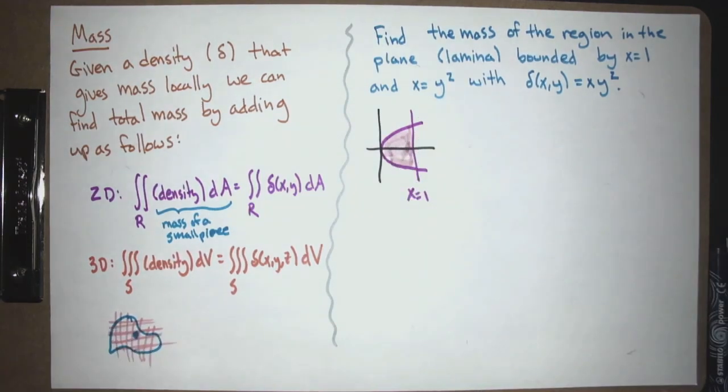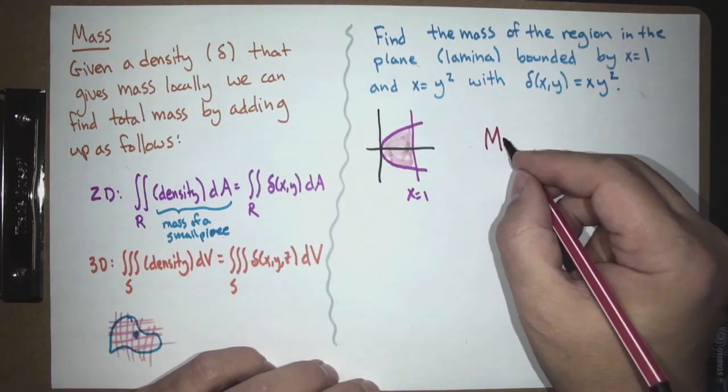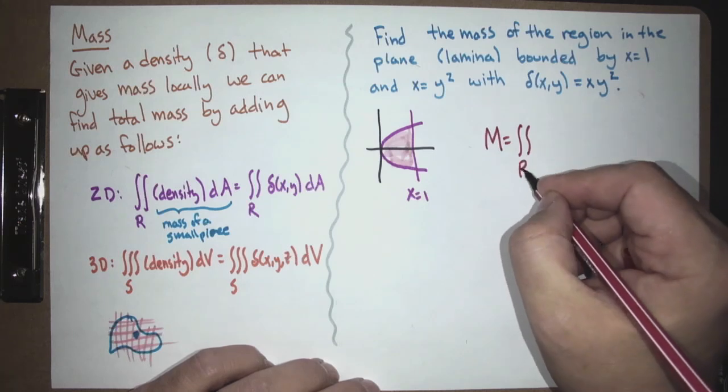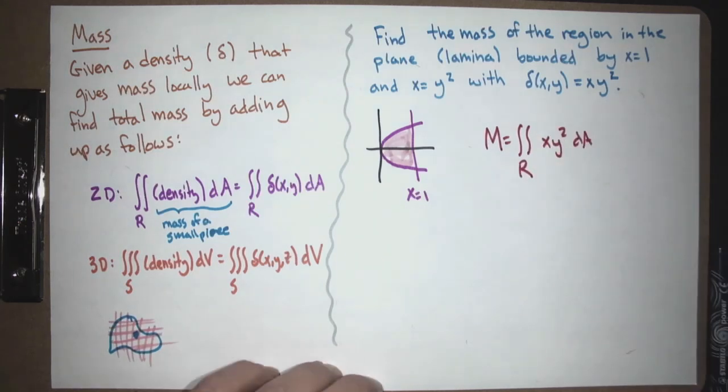And our density isn't a uniform density. Our density is given by xy squared. So, since we very conveniently have the formula, we can say, well, the mass is the integral over our region of xy squared dA. But it didn't say set up the formula for mass.